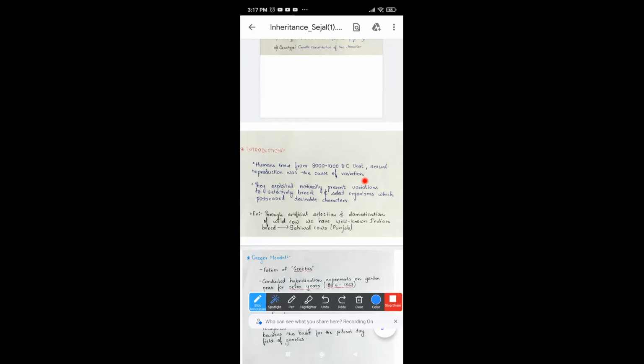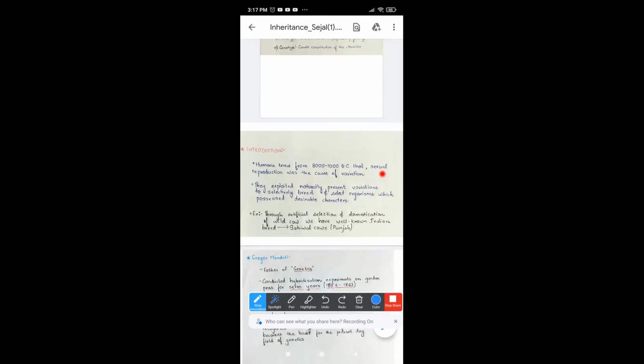We humans knew from 8000 to 1000 BC that sexual reproduction was the cause of variation. We know that in sexual reproduction, two individuals mate and hence an offspring is born.